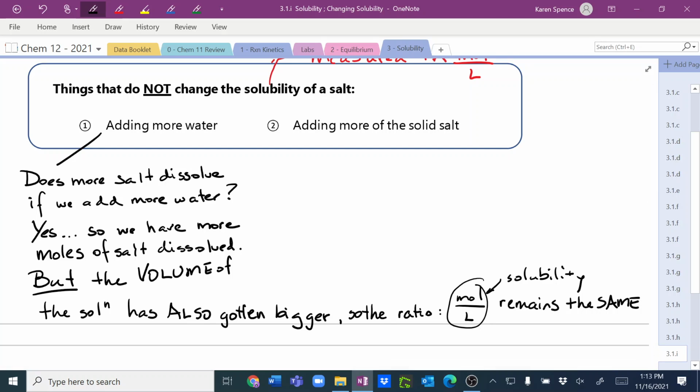I sometimes think about solubility as being like a hotel. If you have a hotel, and say every room can only hold one guest, once all the rooms are full, can anybody else check in? Not unless somebody checks out.